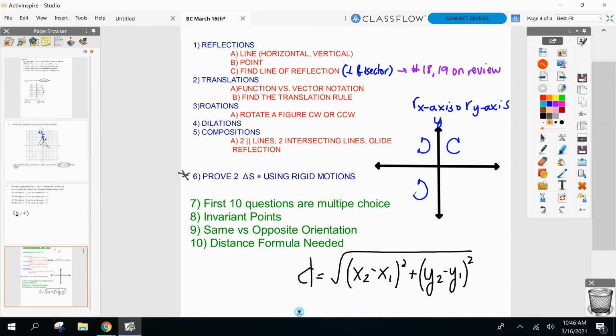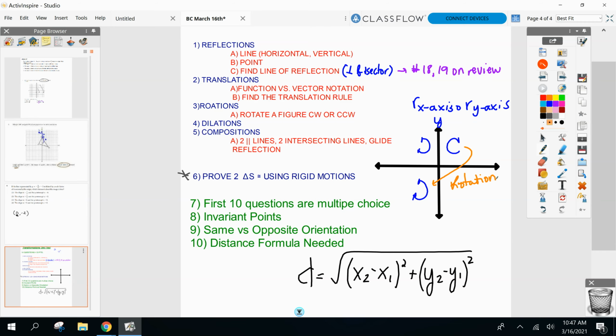Yeah, that looks good. So doing that, how could I have gone from my C in quadrant 1 to C in quadrant 3 using a rotation? And what was the one for 2 parallel lines then? Parallel lines is a translation. Yep, that's equivalent to a translation. Just something like, I just reflected over 2 intersecting lines. That's the same as if I rotated it from the beginning.